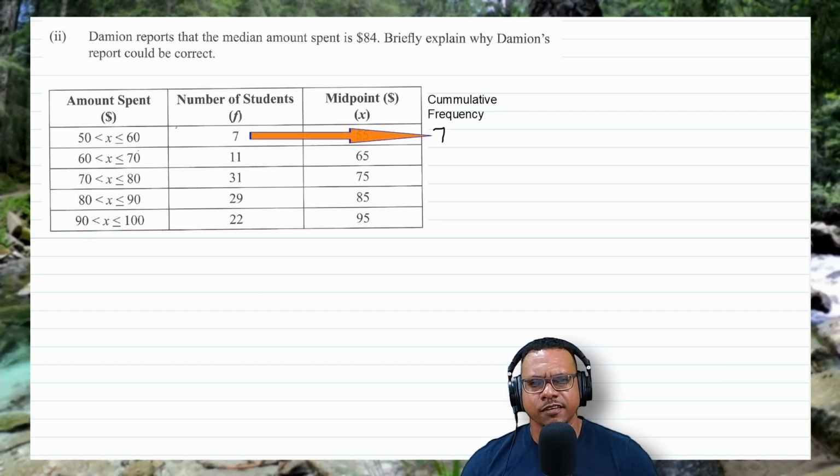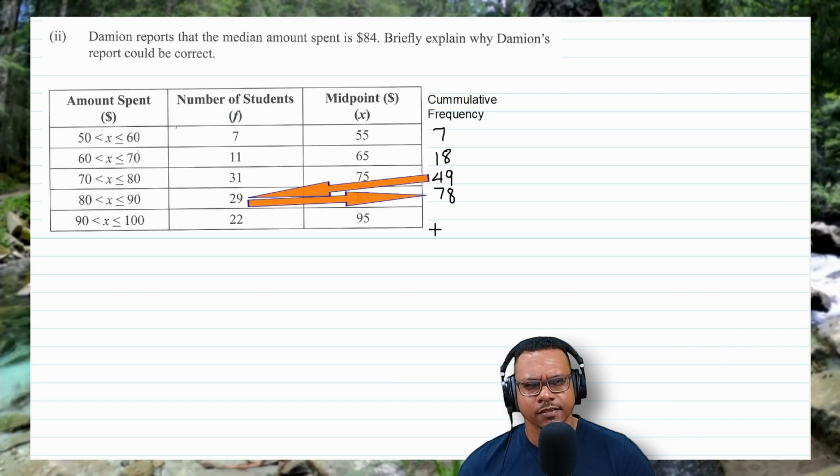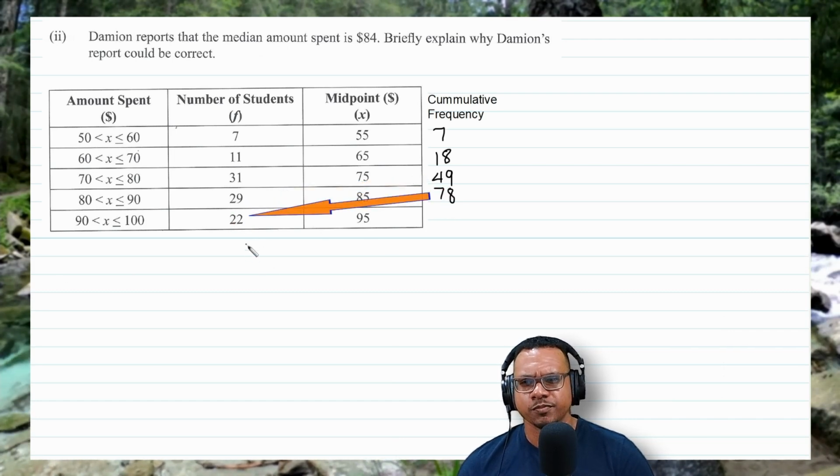So I'm going to put 7 here. Then 7 plus 11, which will be 18. Then 18 plus 31, and that will be 49. And then 49 plus 29, and that will be 78. And then 78 plus 22, and that will give you 100.